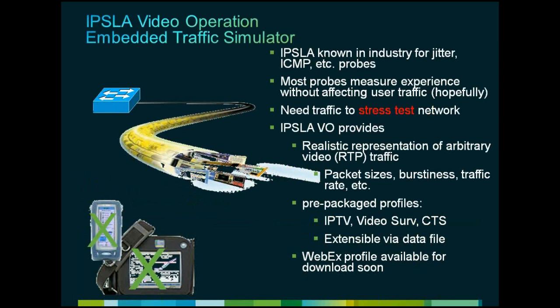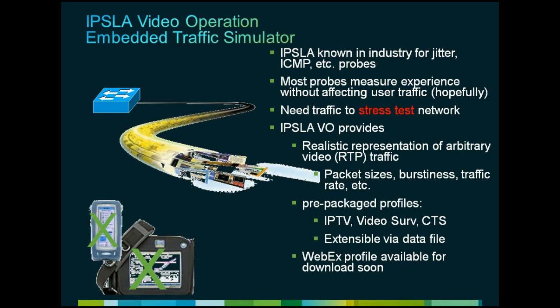Some of you are familiar with the old IP SLA; this is an extension of that, and it works slightly differently because it generates realistic traffic with the same packet size and traffic rate. You can use that to inject into your network and collect the statistics.